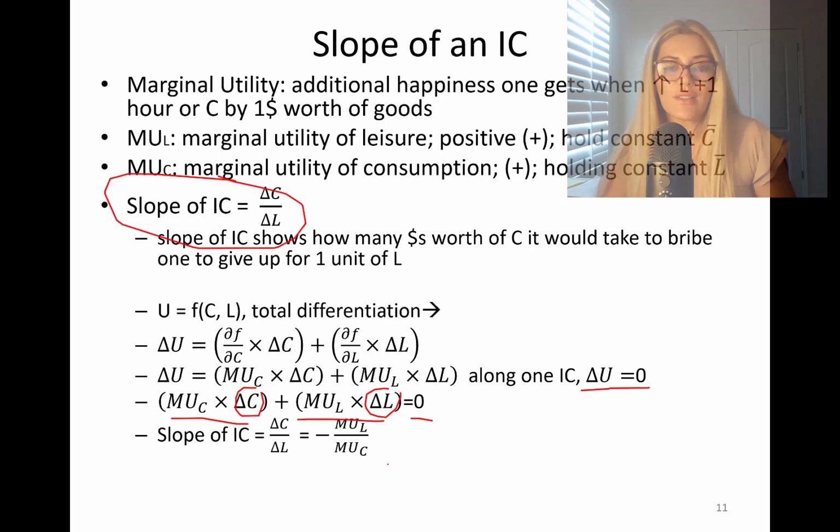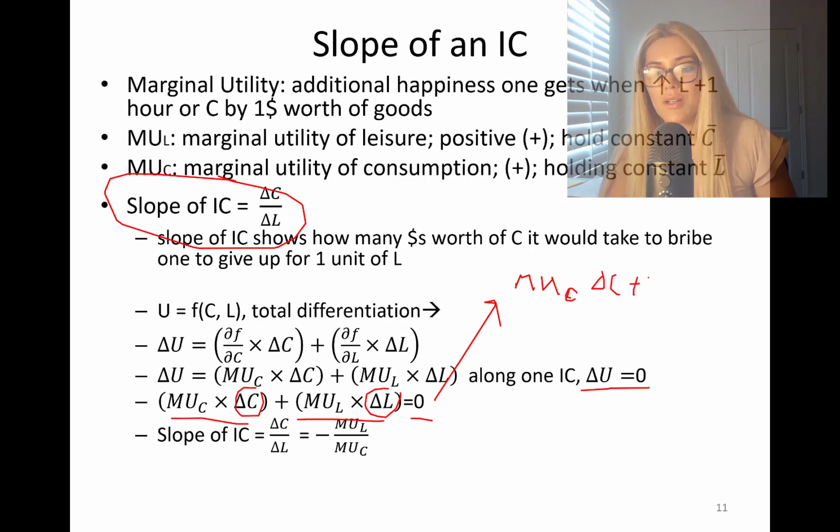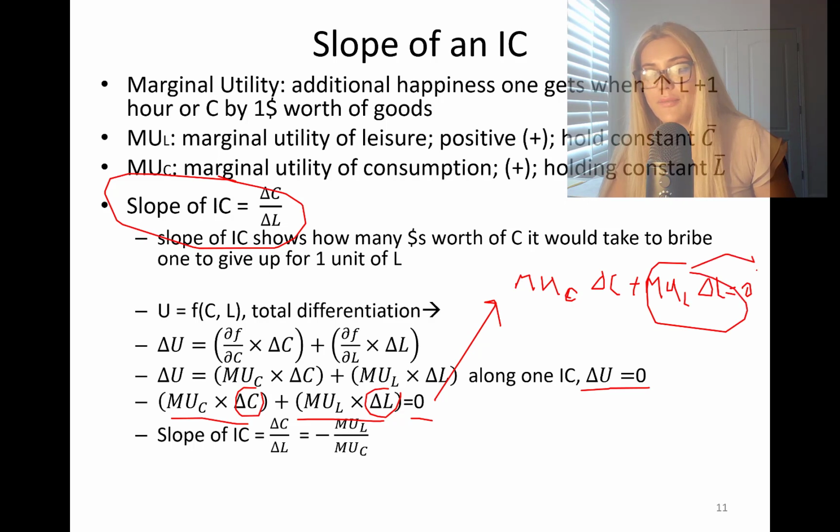I'm going to rewrite this step here: marginal utility of consumption times delta C, plus marginal utility of leisure times delta L, equals 0.